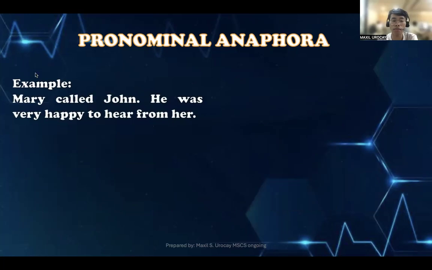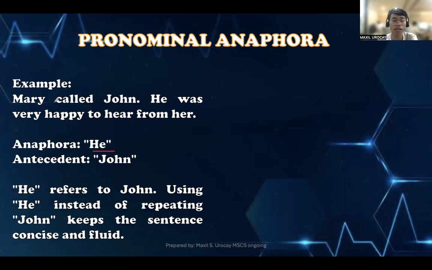Now, another example: Mary called John. He was very happy to hear from her. So the anaphora right there will be he, and our antecedent will be John. That means he is referring to John, because we cannot say that he is referring to Mary, right?